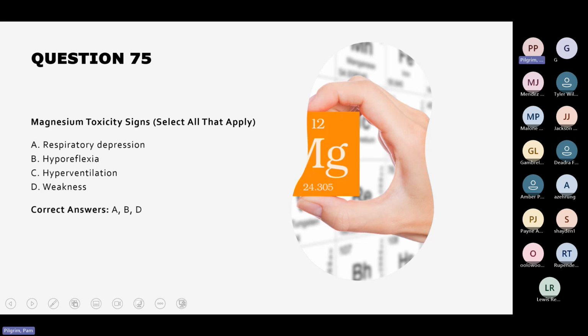So the answers for this one are A, B, and D: respiratory depression, hyporeflexia, and weakness. Hyperventilation is not a sign of toxicity. In fact, a sign of toxicity would be hypoventilation or a decrease in respiratory rate.